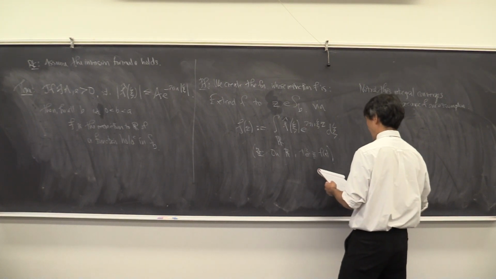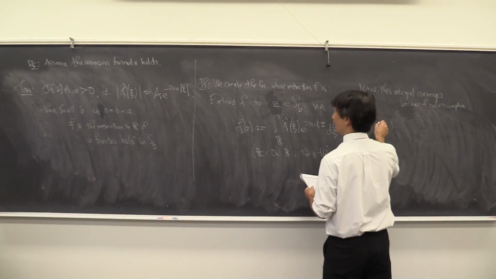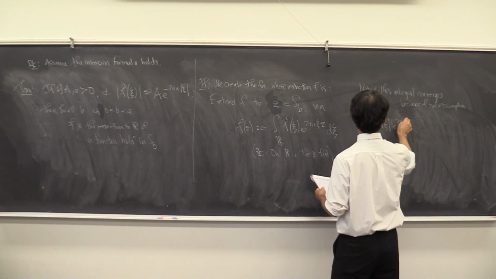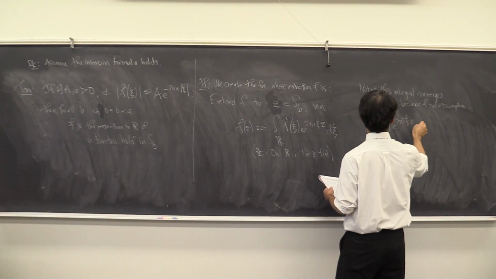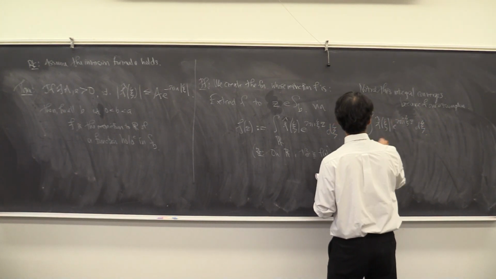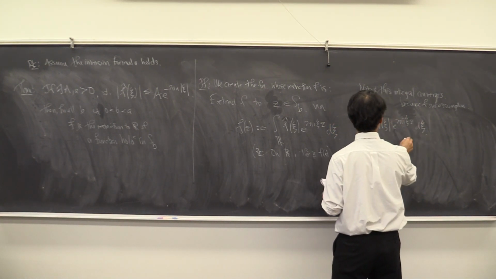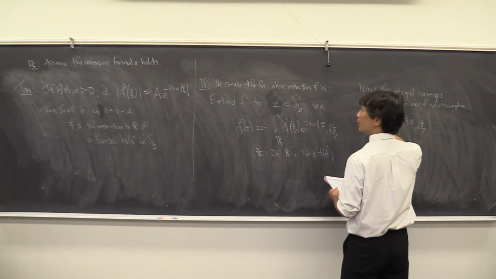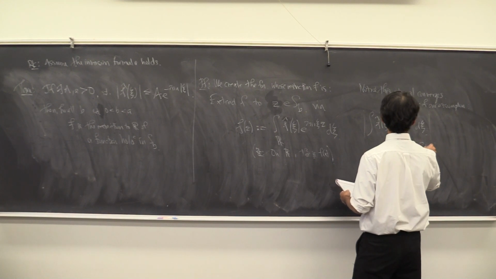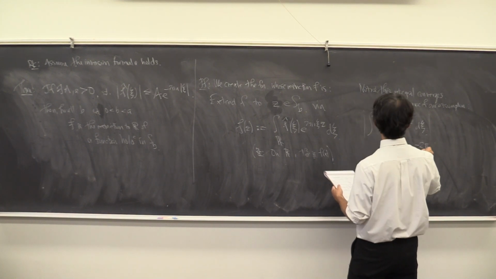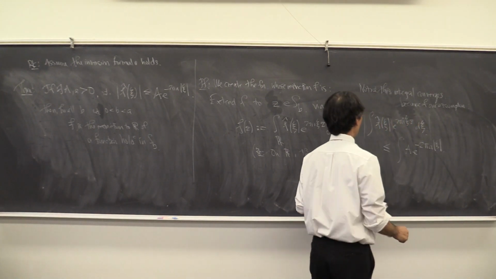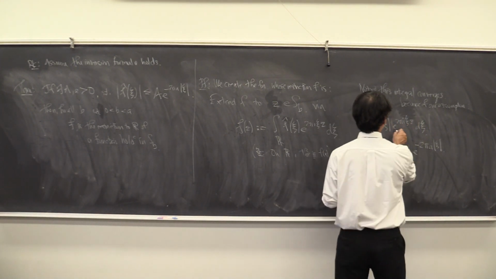If we look at this integral, we see that this thing is controlled by A e to the negative 2 pi a absolute value of xi.